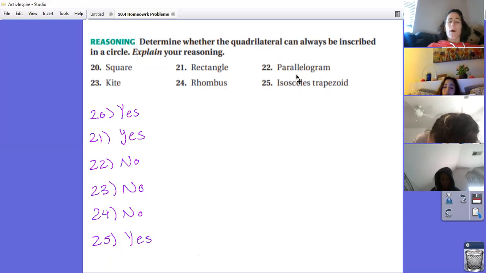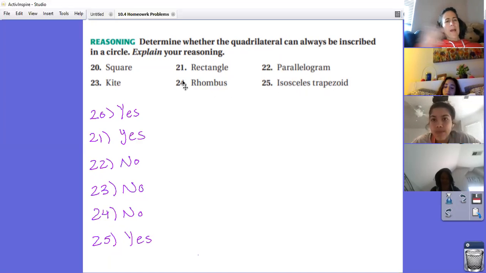Now I said a no for parallelogram, kite, and rhombus. So think back to the properties of angles in those figures. Angles in a parallelogram and rhombus are congruent, but not necessarily supplementary. So that's why it's a no for them.